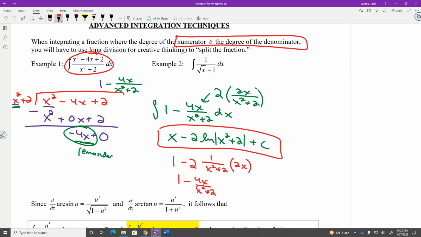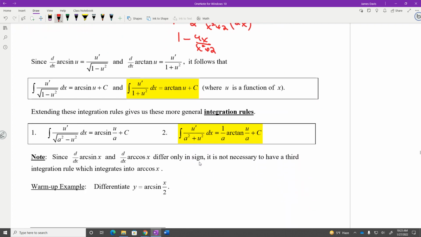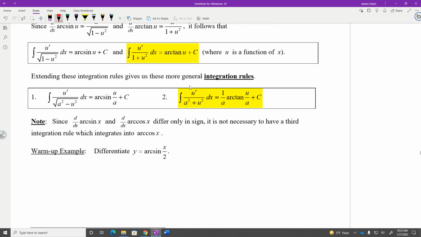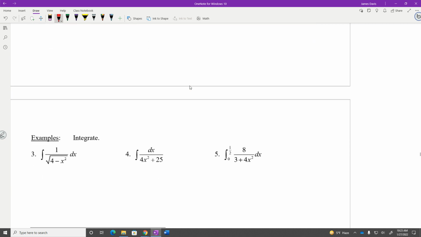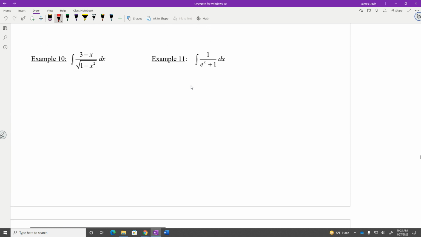Example 2, I don't know if I actually even want to do that. We don't have time right now to do that, but you actually end up having to do a u substitution as well. So we're not going to do that for right now. Tomorrow we'll also get into these inverse trig derivatives as well, which is a bit challenging, and again, probably not super likely to be on the test.